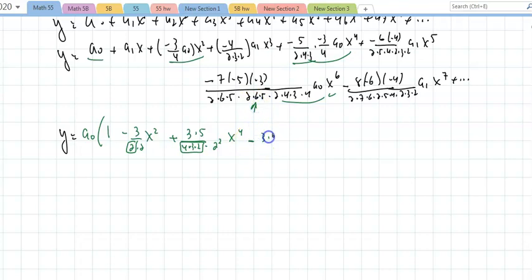negative 3 times 5 times 7 over, and if I take 6 times 5 times 4 times 3 times 2 times, and let me see how this works. I have a 4.